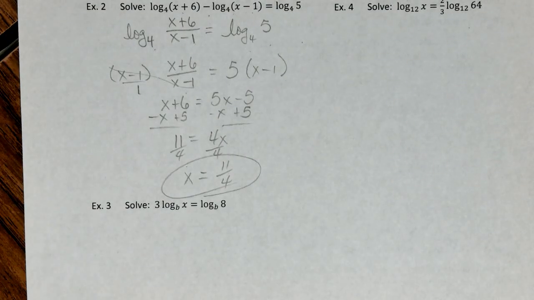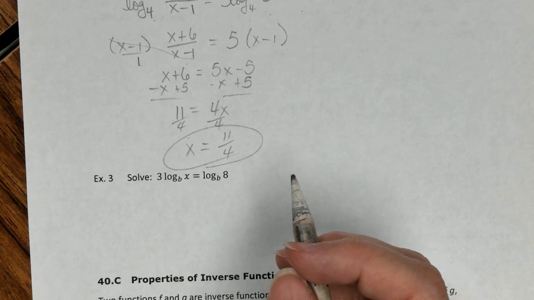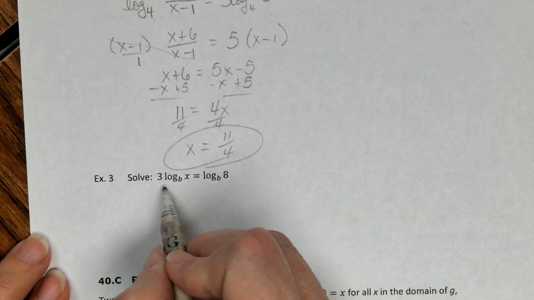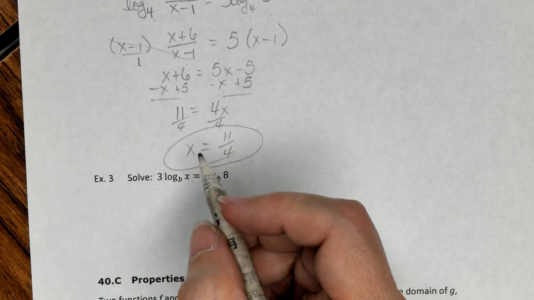Okay, so we have two more examples here. For this one, this is going to be using that third rule. This part right here, that 3 is going to be the exponent to the x.